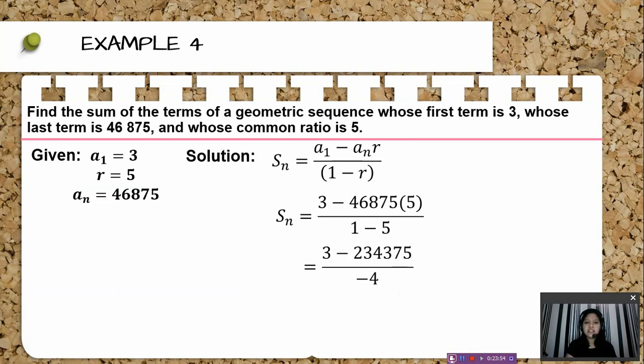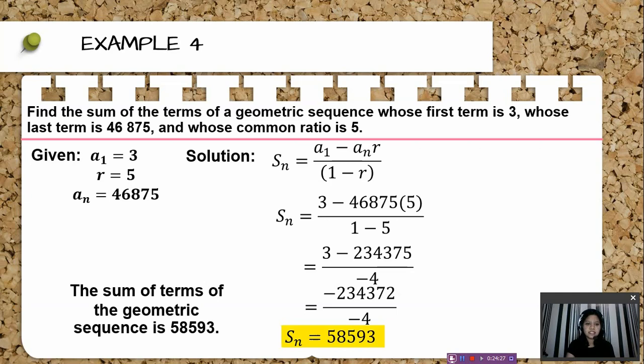So, simplifying the expression, we will get 3 minus 234,375 over negative 4. 3 minus 234,375, that is negative 234,372, divided by negative 4, we will get S sub n is equal to 58,593. Therefore, the sum of the terms of the geometric sequence is 58,593.